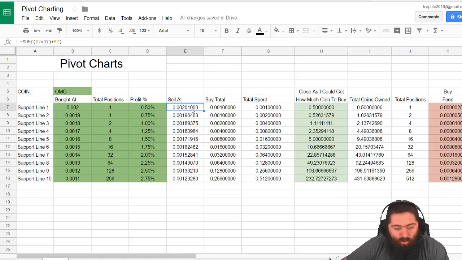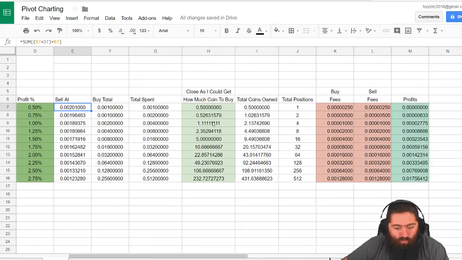It'll tell us what price we need to sell to get that profit percentage, what our total spend for that one position is, our complete total spent for everything we've purchased for this coin so far. Then we have how many coins we should be buying. So then we have our total coins earned, our total positions, our buying fee, our taking fee, and our profit.